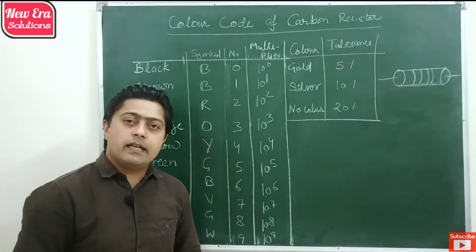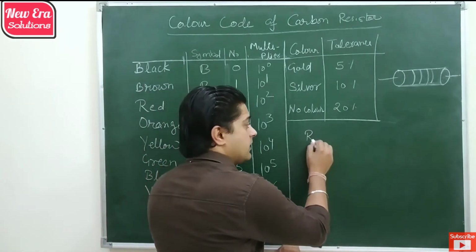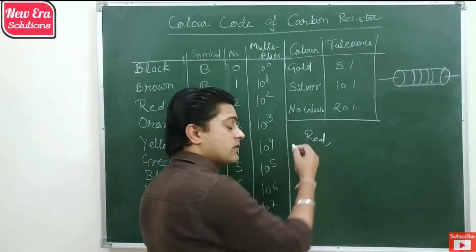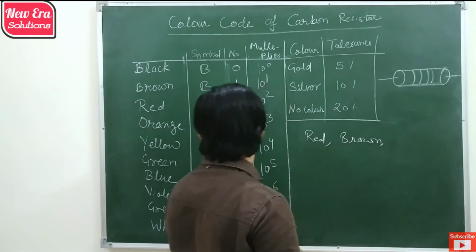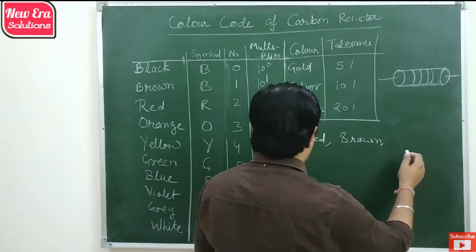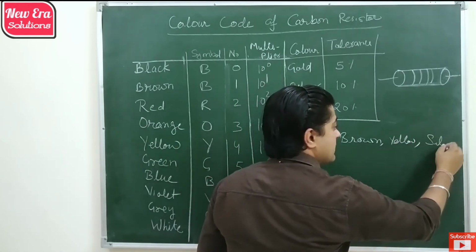To illustrate that, let a carbon resistor have 4 colors: the first color is red, the second color is brown, the third color let's assume is yellow, and the fourth color is silver.